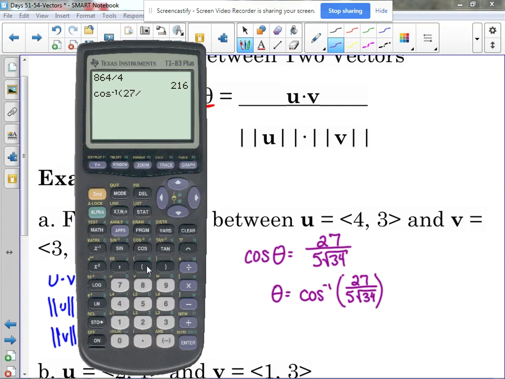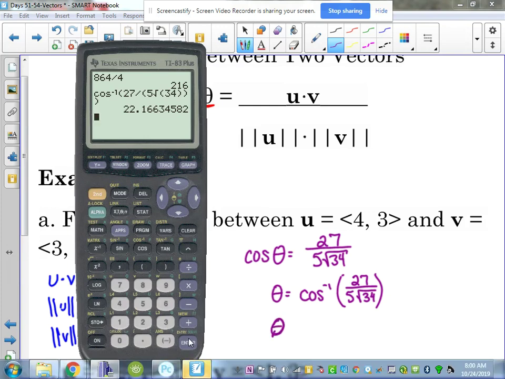Now, be careful with this. In that denominator, you have 5 times the square root of 34, so you need to put parentheses around the 5 square root of 34, along with the parentheses around the 34 under the square root, and then technically there's one more parenthesis to close the whole problem. So the angle between these two vectors is approximately, we'll just round to the nearest tenth, 22.2 degrees.